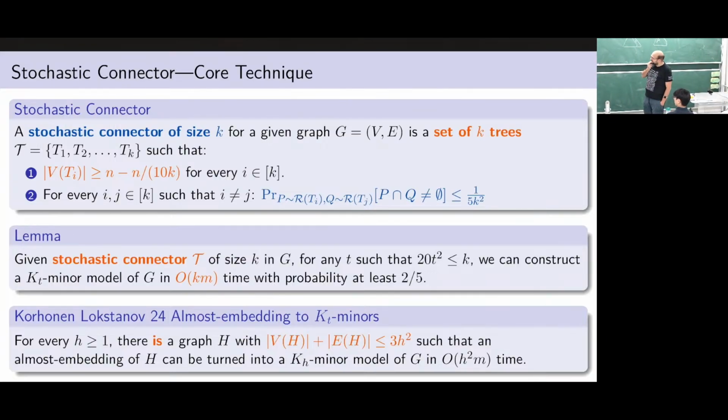I will not show you how to find a KH minor model, but I will instead show you almost embedding. It's a nice concept. I could look at some subdivided KT, maybe twice subdivided KT, and it would have worked the same way. But we used the very nice concept of Korhonen and Lokshtanov to go via almost embeddings.